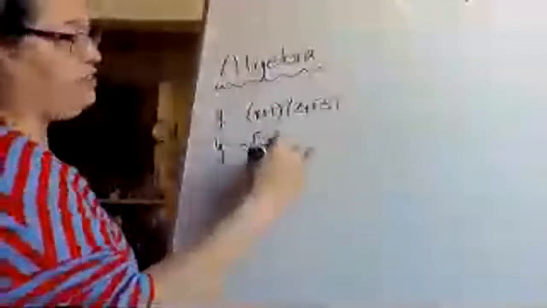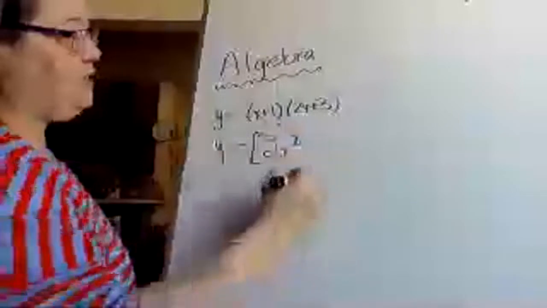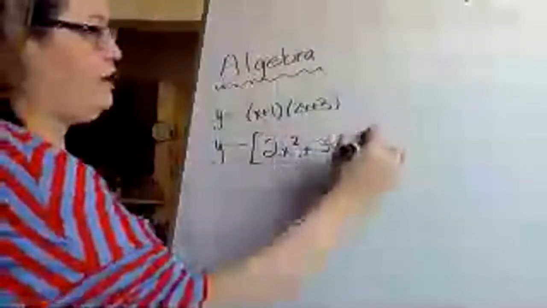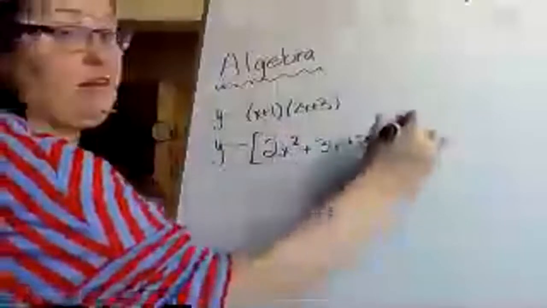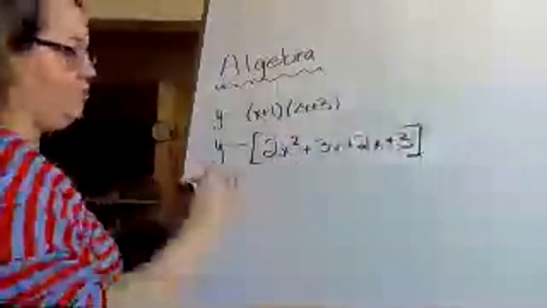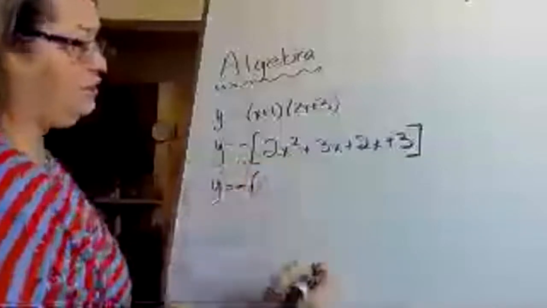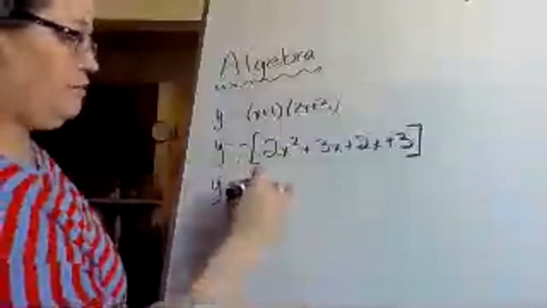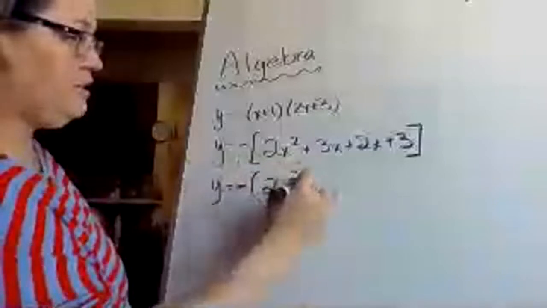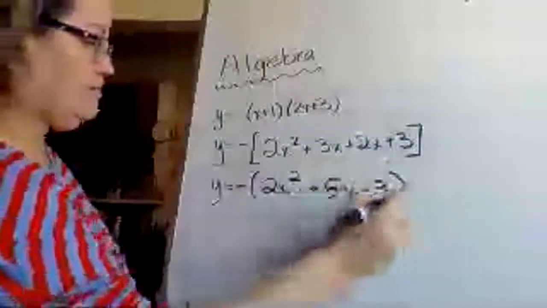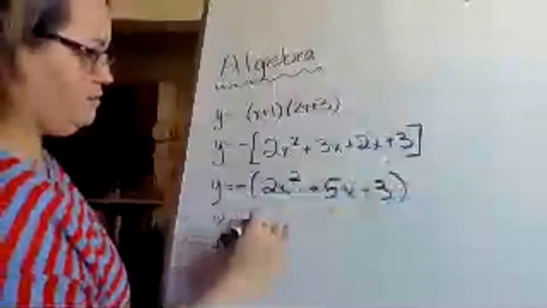So I would get a 2x squared. I would get a 3x plus 2x plus 3. And then I'd multiply and combine like terms, got a negative out front. And I would have this.